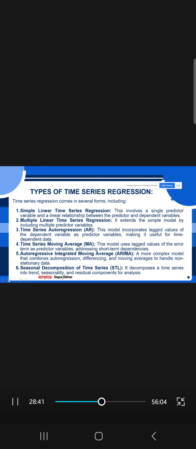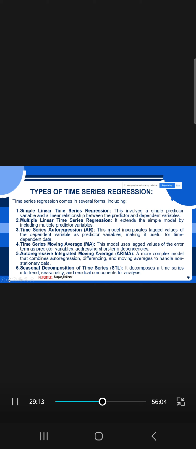The number of lagged error terms included in the model is the order of the model. Moving average is a simple and easy to use technique for time series with short-term dependencies. However, it is also important to be aware of the limitations before using it.